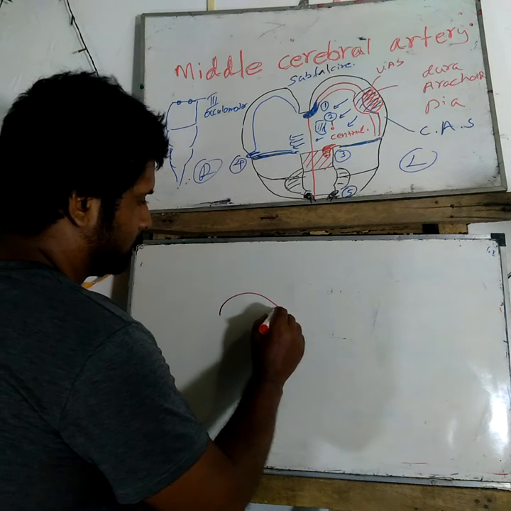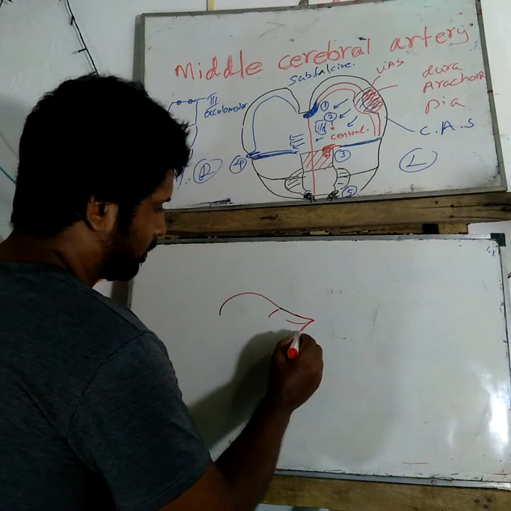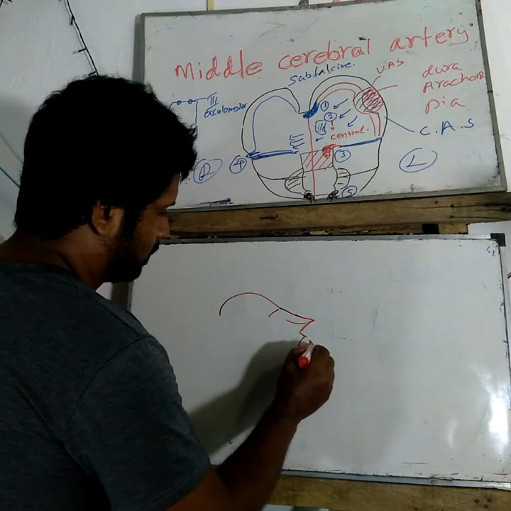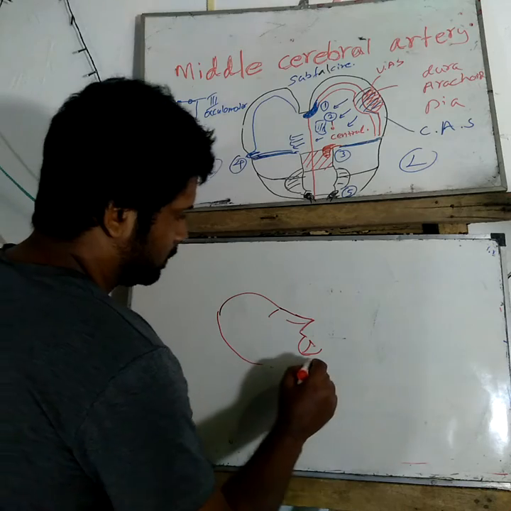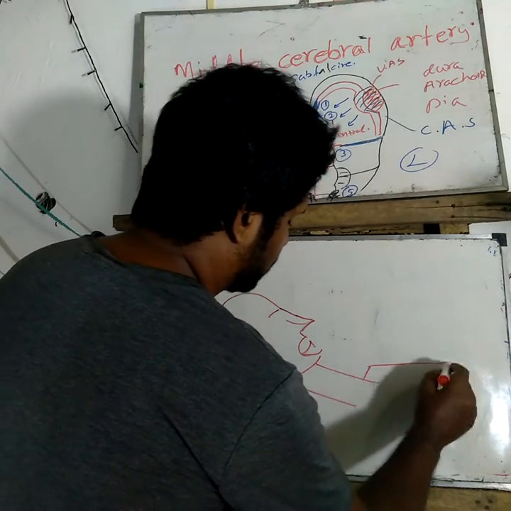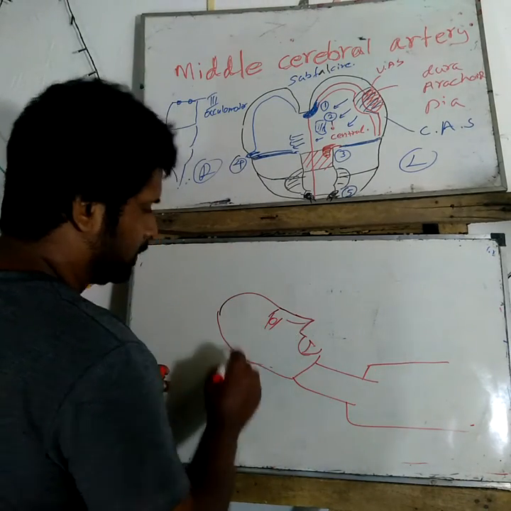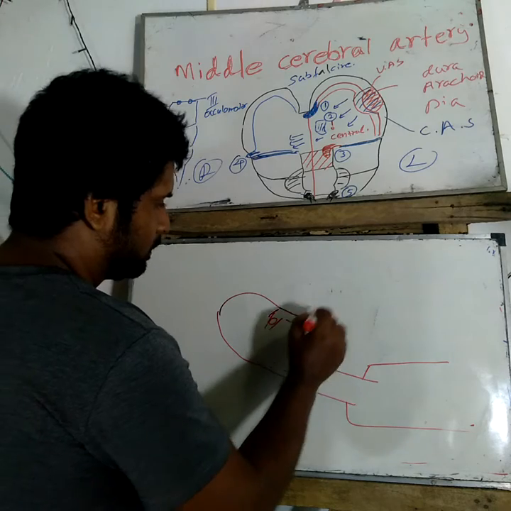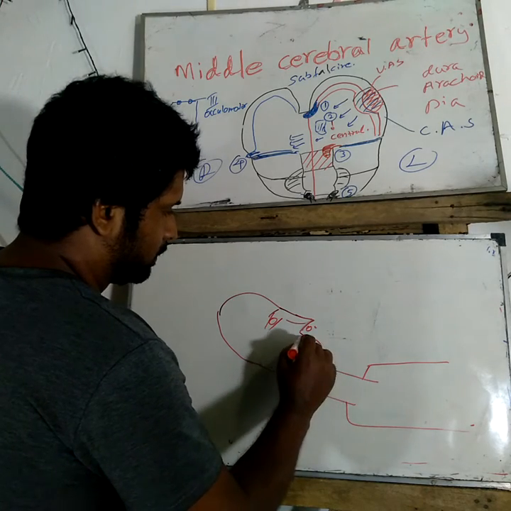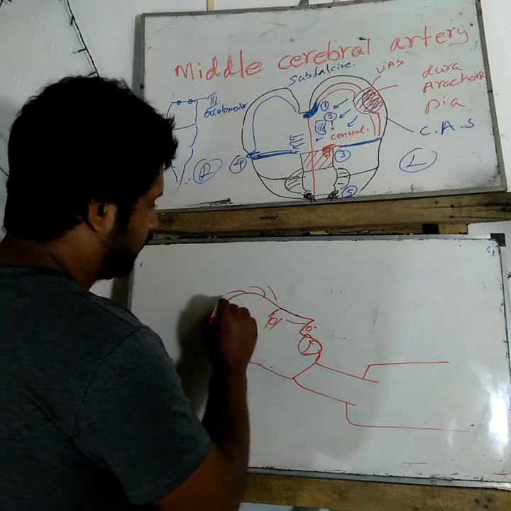The CSF fluid comes out of the nose and mouth, and neck stiffness is the most important thing. This is the mouth, nose, and head.